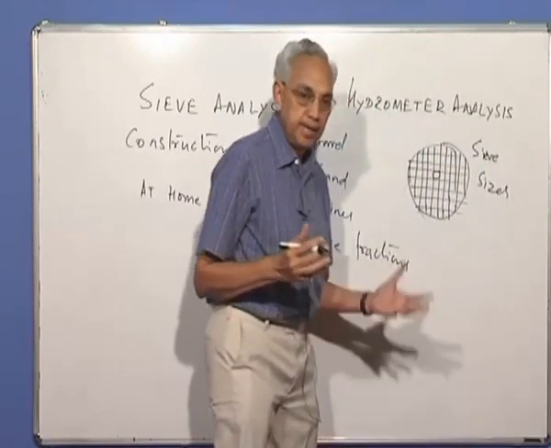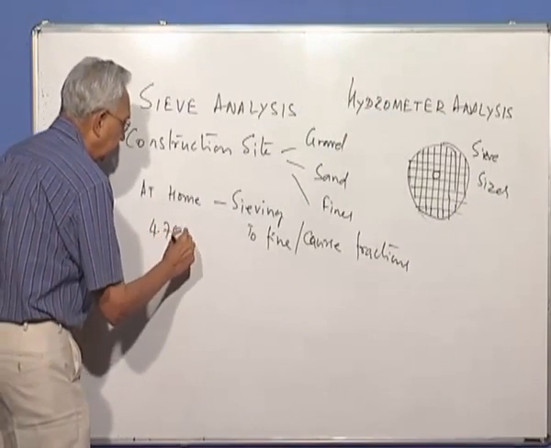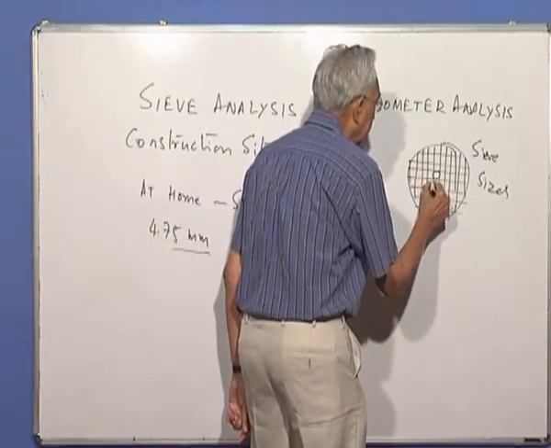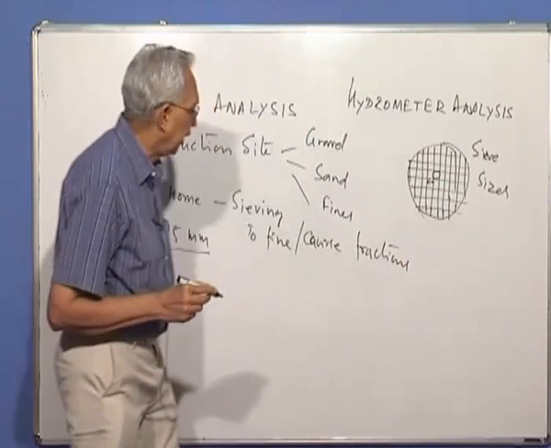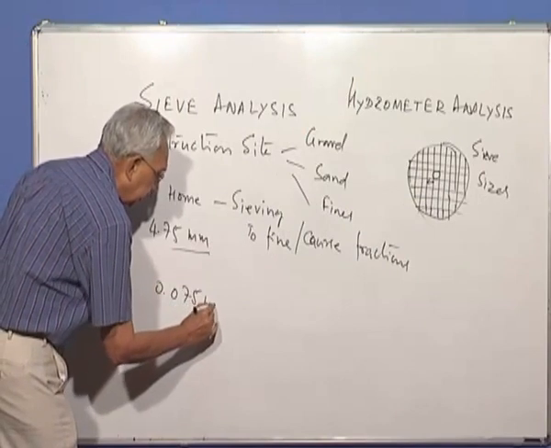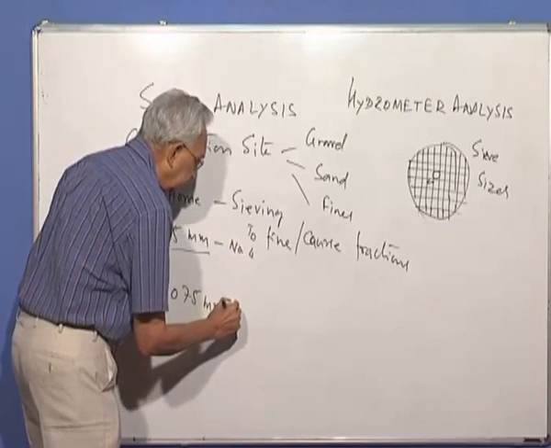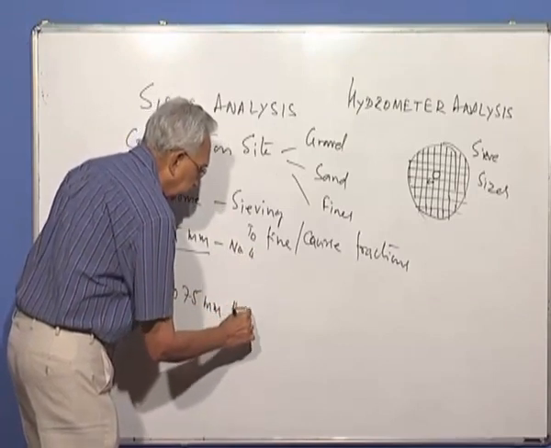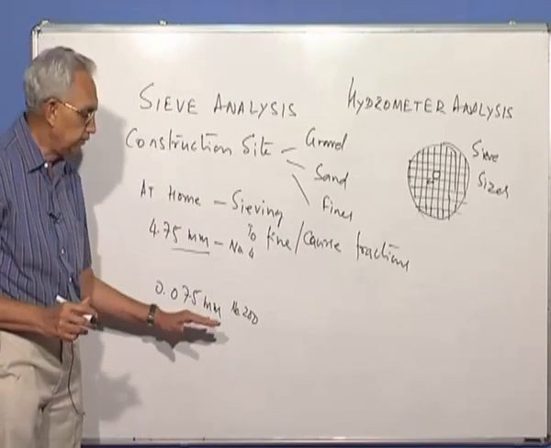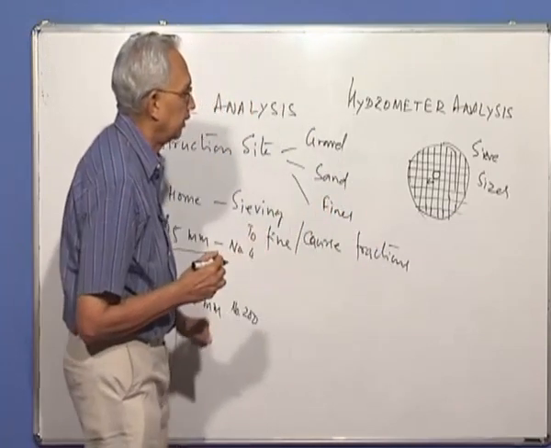Starting from the largest, what we normally use in geotechnical engineering is 4.75 millimeters, the width of the opening, to as small as 0.075 millimeters. This is called sieve number 4, and this is called sieve number 200. You cannot make it any finer than sieve number 200 because the particles will start sticking to the wires and they will not fall.